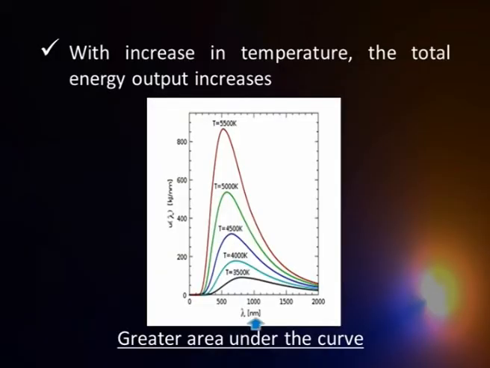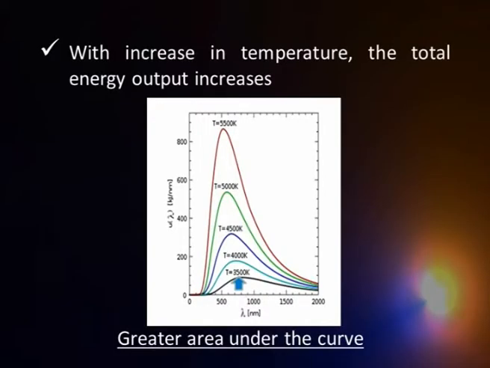On this axis we have wavelength, and on this axis energy emitted per unit wavelength. As the temperature increases, from 3500 Kelvin to 4000, 4500 and so on, we find the energy output is more and more. You can see it in terms of the area under these curves, which increases. That is the first observation.